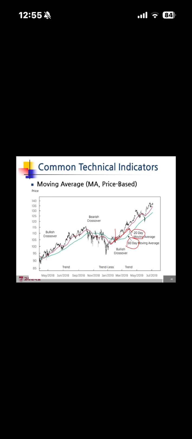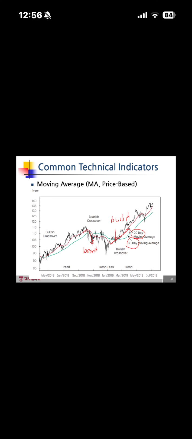This is a bullish crossover, which may indicate the beginning of an upward trend. Later, the short-term moving average may cross below the longer-term trend. This is called a bearish crossover, which may signal a potential downward trend.